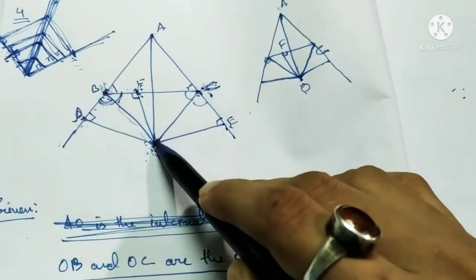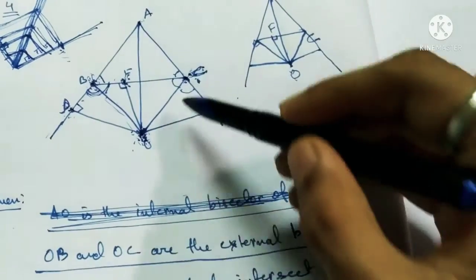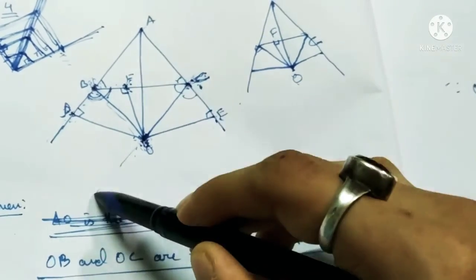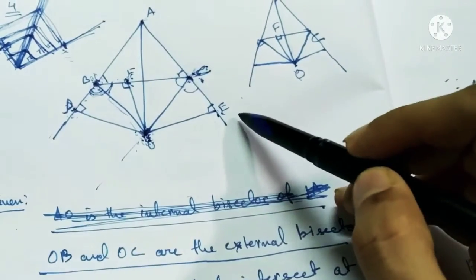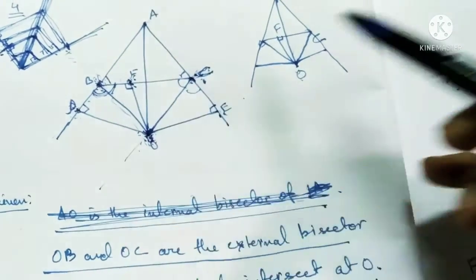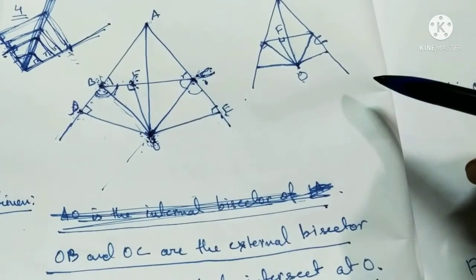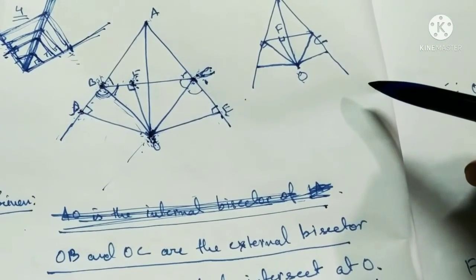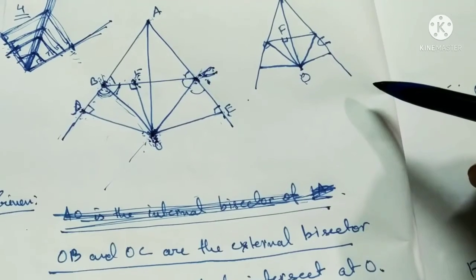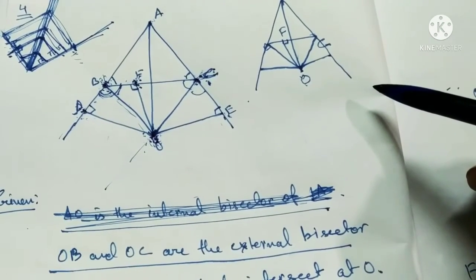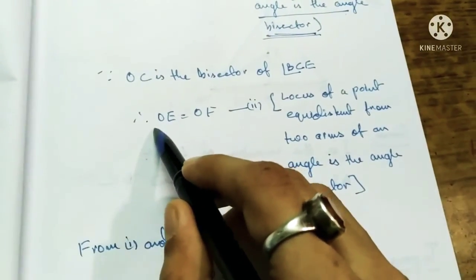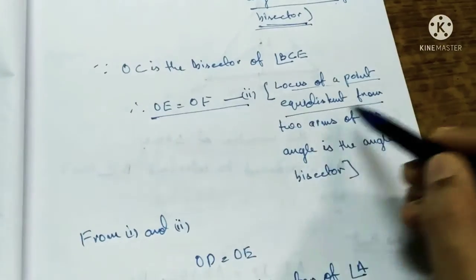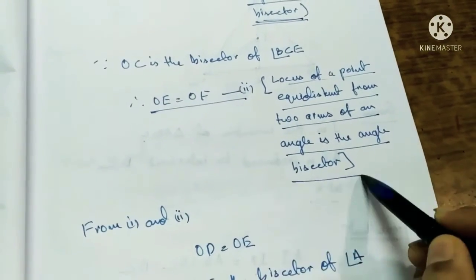Again same, this is the bisector, and the perpendicular distances you draw to the two arms of the angle, these two distances will be equal. So OE is equal to OF. Locus of a point equidistant from two arms of an angle is the angle bisector.